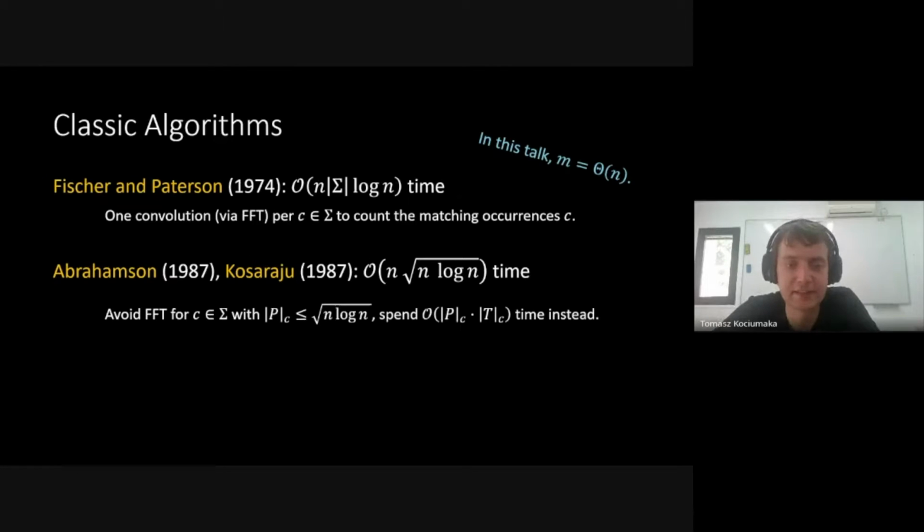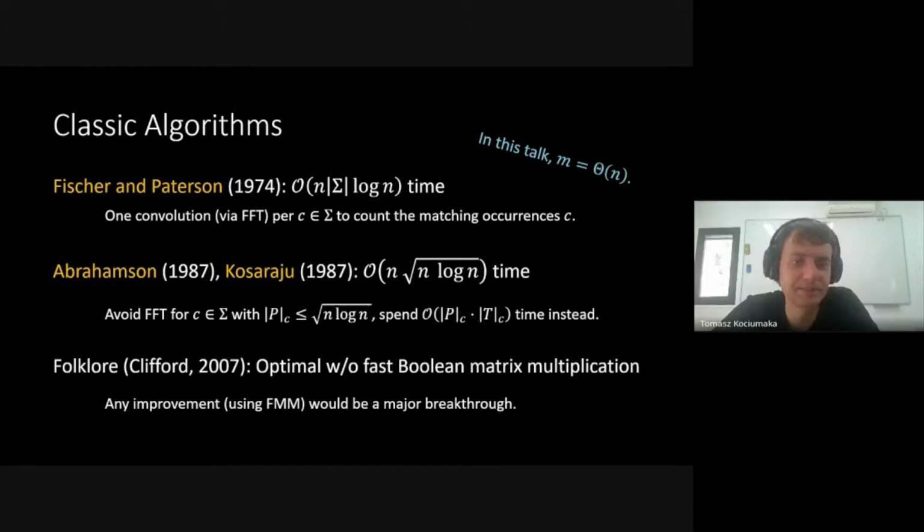So instead of using FFT, we simply consider each occurrence in the pattern and each occurrence in the text and increment the counter of matching occurrences at the position when they get aligned. And setting an appropriate threshold between frequent and infrequent characters, this leads to the running time of n square root n log n. And this is still the state of the art of the problem.